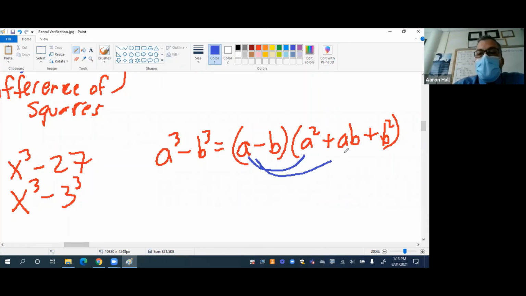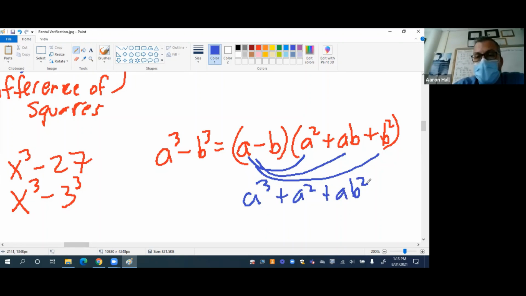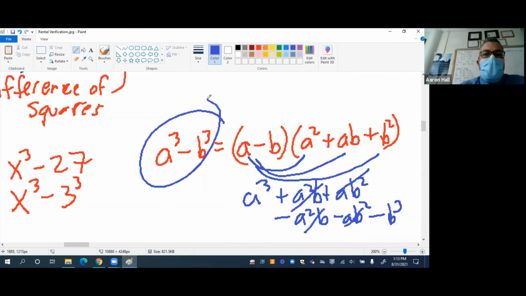That gives me a cubed plus a squared b plus ab squared, minus a squared b, minus ab squared, minus b cubed. And these middle terms go away, leaving us with this.